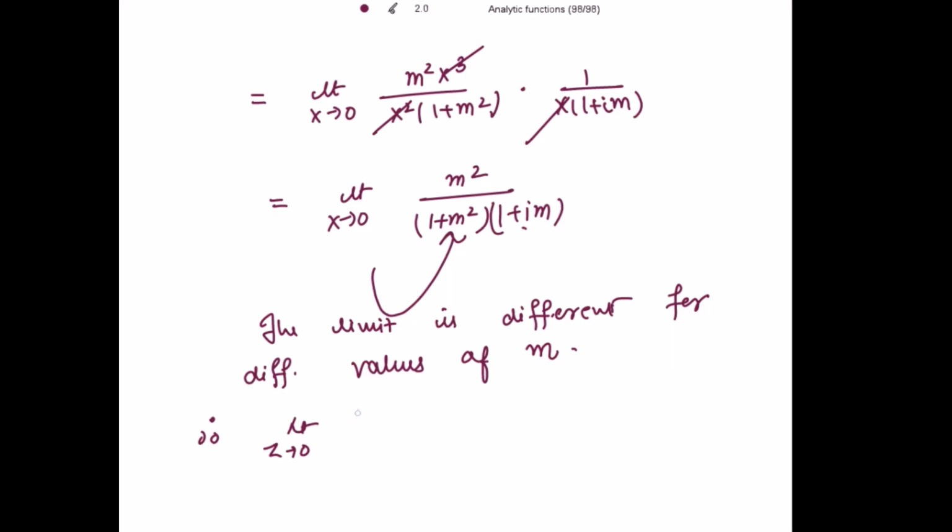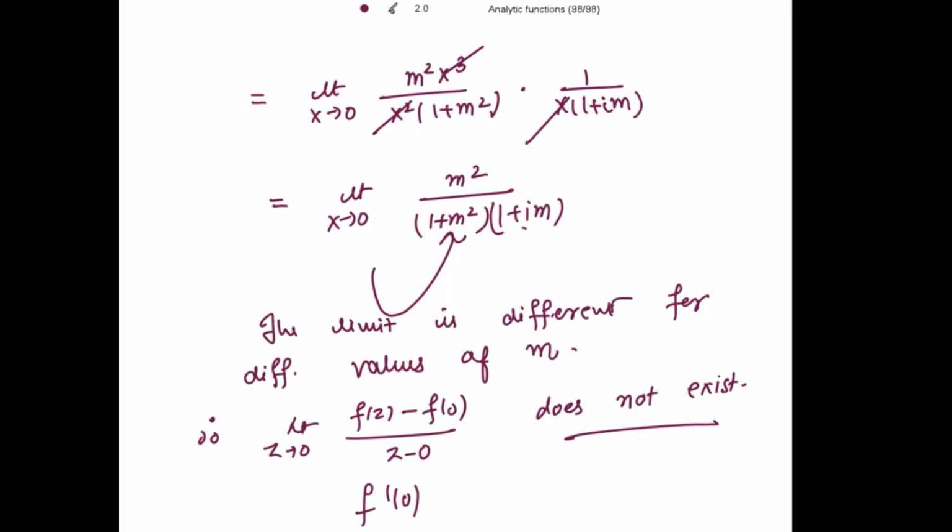The limit as z tends to 0 of (f(z) minus f(0)) divided by (z minus 0) does not exist. The function is not differentiable. Differentiability is not guaranteed even though the CR equations are satisfied, right? So once again, f dash 0 does not exist.